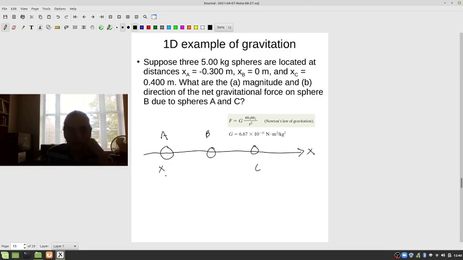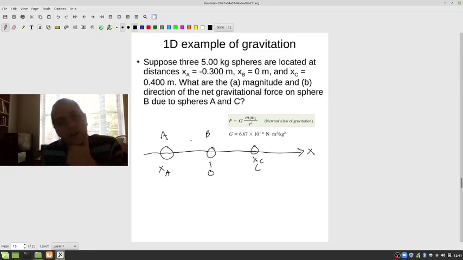So this is at XA, this one is at 0, and this one is at XC. Now it asks, what's the magnitude and direction of the net gravitational force on sphere B due to spheres A and C? Now, what you need to realize is that gravitational forces add like vectors, just like any other forces.